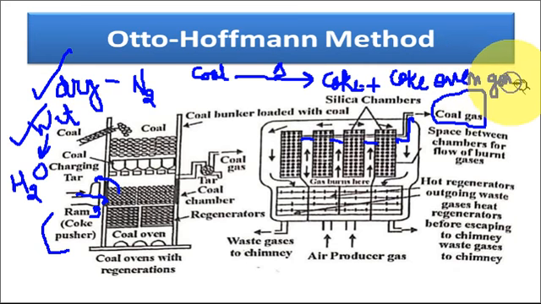So all these coke oven gases are now collected at the top of the silica chambers. These silica chambers are interconnected. So the gases present in all the silica chambers get collected at the one point here.